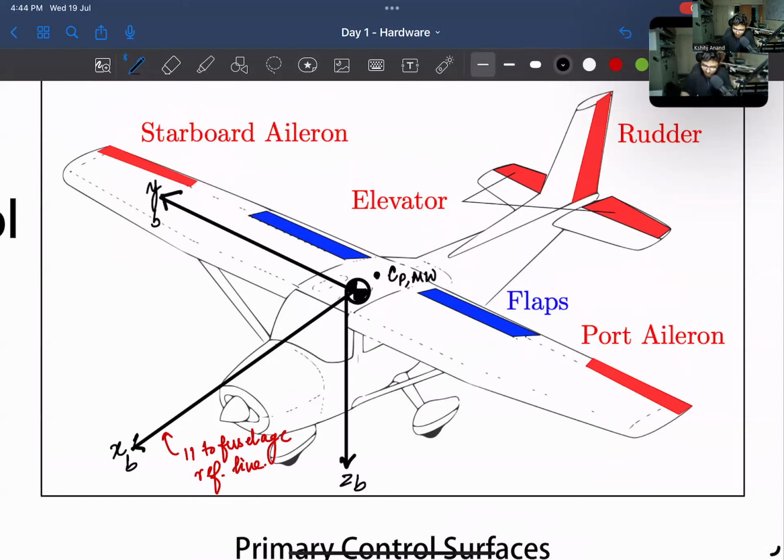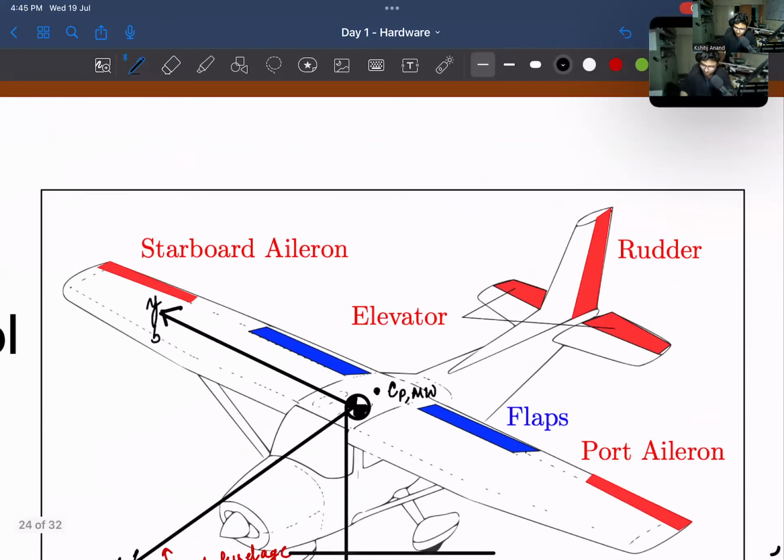So now what is going to happen? If we look at the ailerons for a moment, we'll have a side view. So let's say this is the wing, and these are the ailerons. Let's make a quiz out of it.